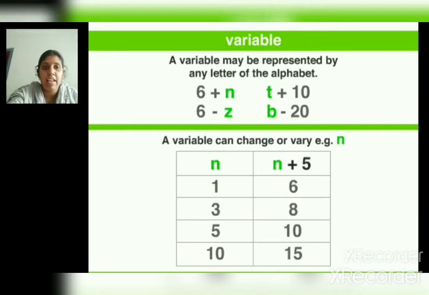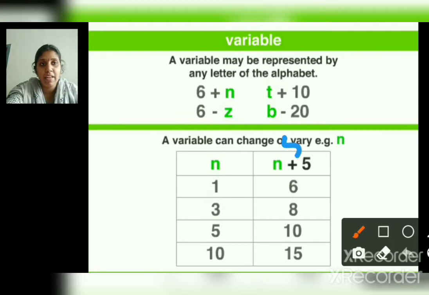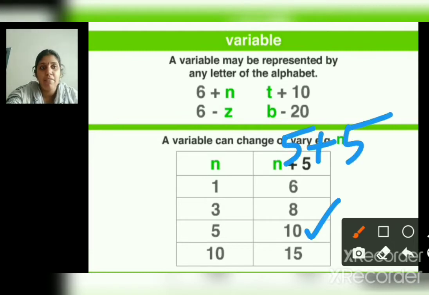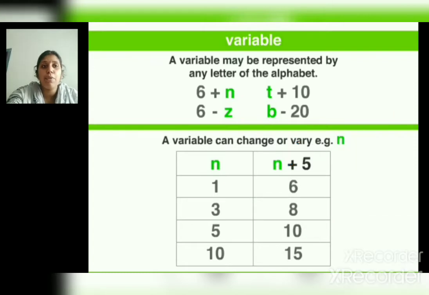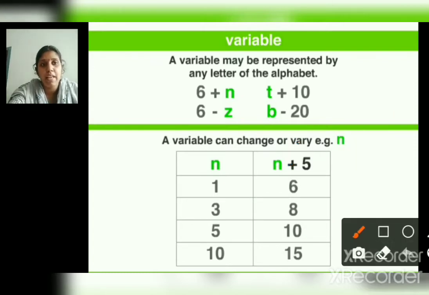The next case, n is equal to 5. When you put n is equal to 5 in n plus 5, 5 plus 5 is equal to 10. Same way, next one, you put n is equal to 10. So 10 plus 5, you get 15.